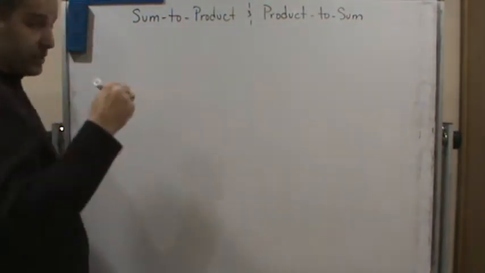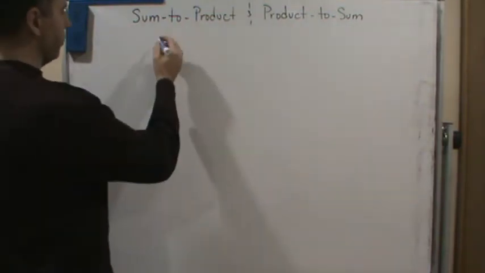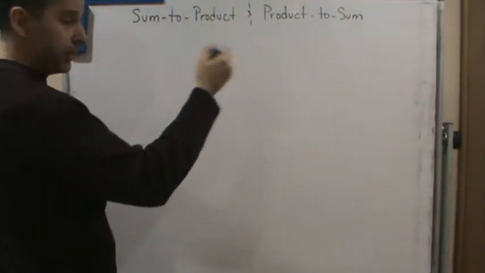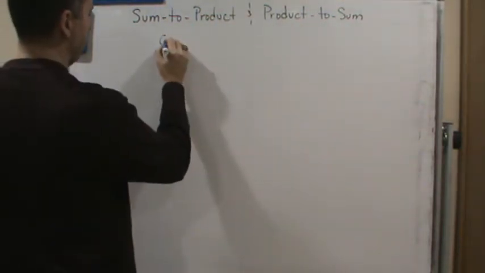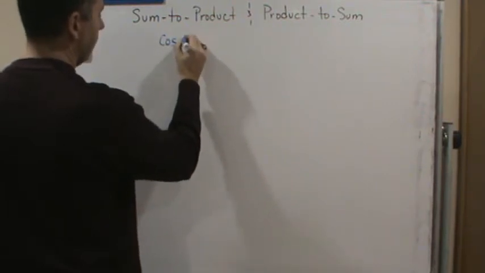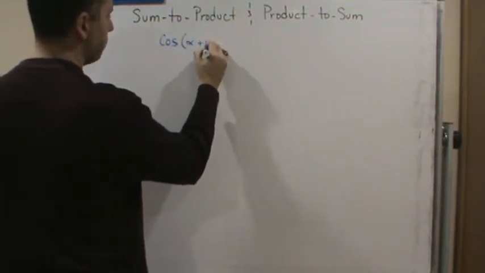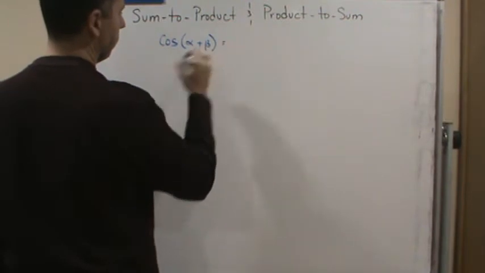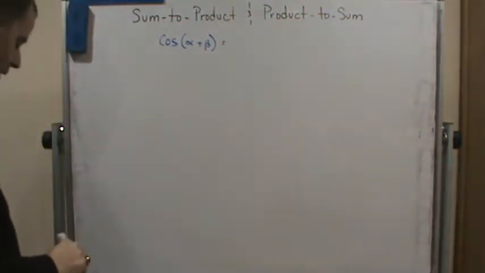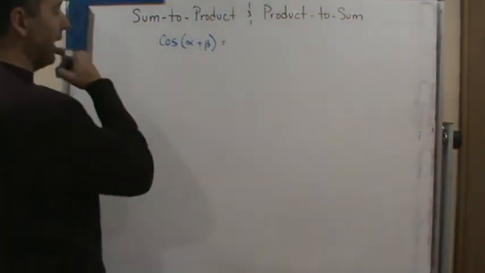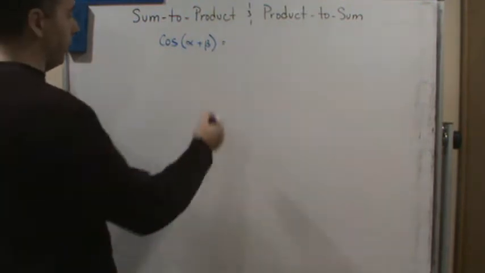And so to derive the formula, we're going to use the cosine sum and difference formula. So let's use cosine alpha plus beta. Now with cosine, what do we get? We get these formulas.